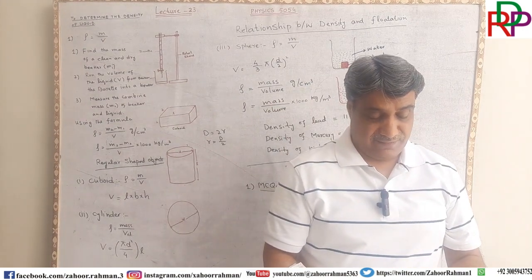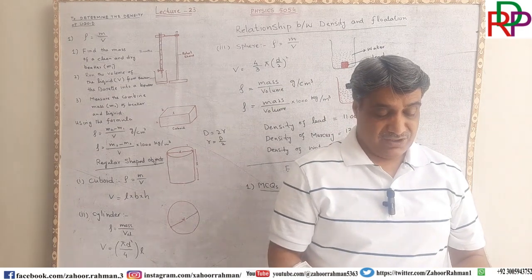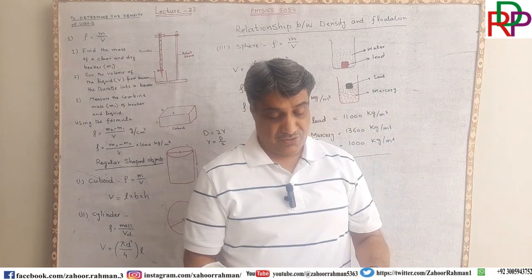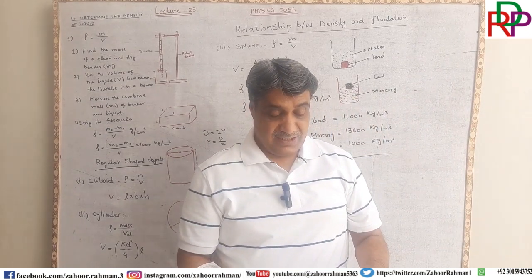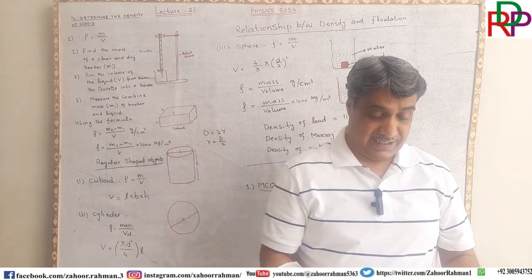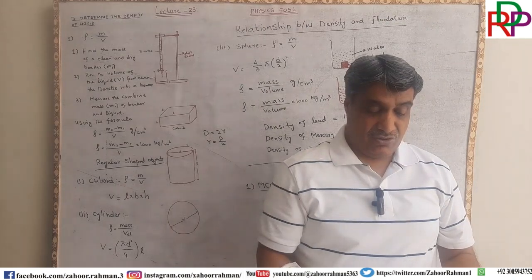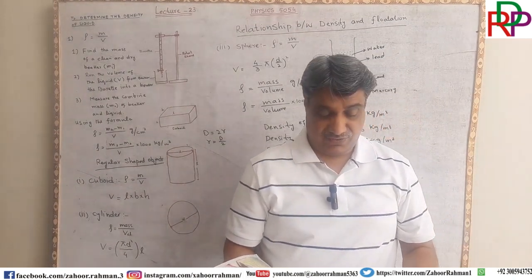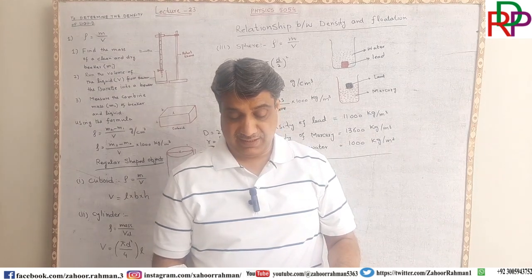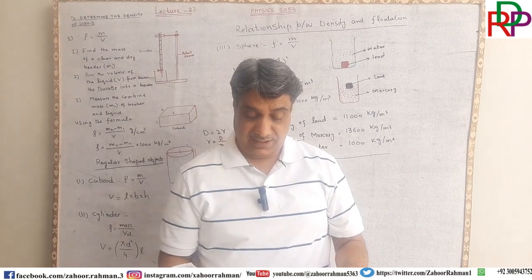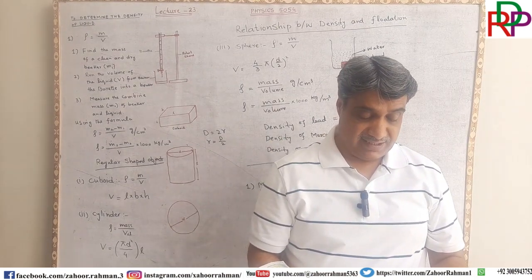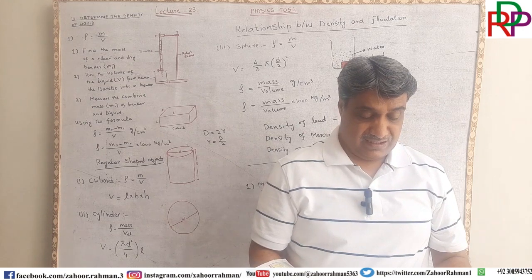Multiple choice question. First one is saying, when using a measuring cylinder, one precaution to take is: check for the zero error? No, it is not the answer. I told you one precaution is to position the eye in line with the base of the meniscus. So we discussed it, and that is the answer in this question.